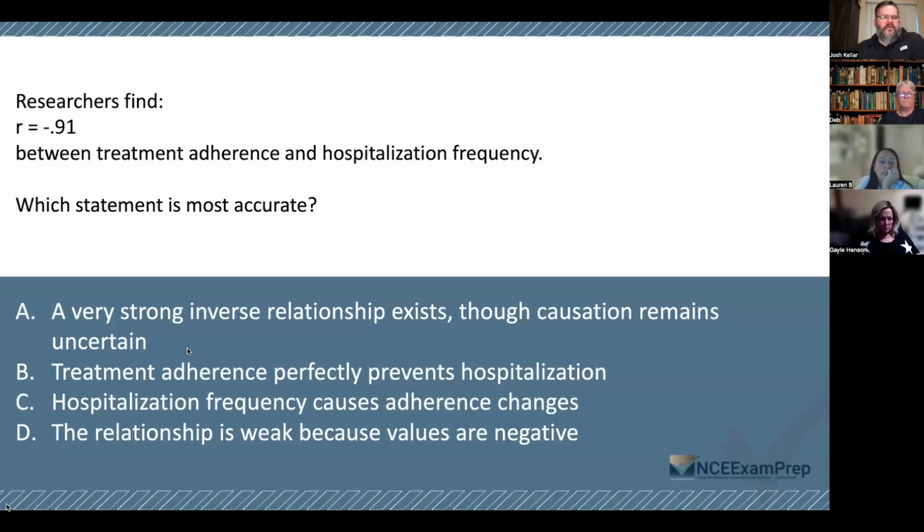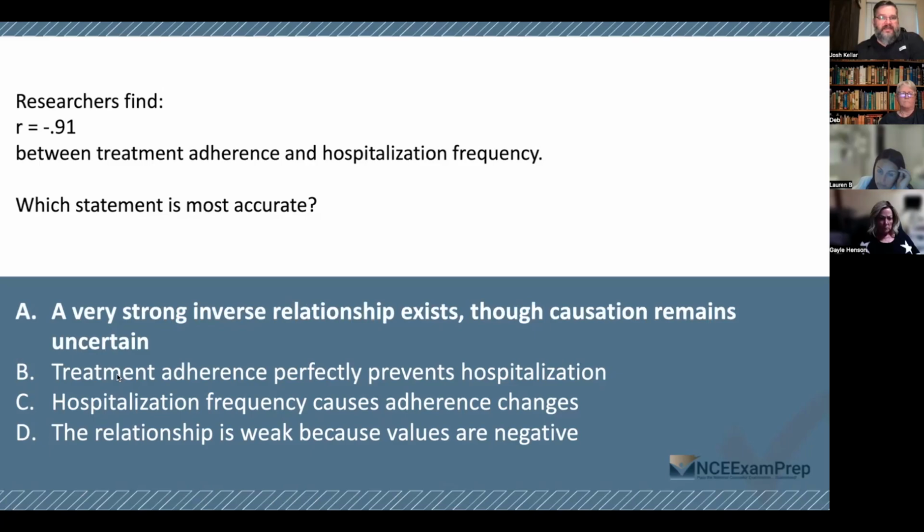So it wouldn't be D because it says weak, right? It's not going to be weak just because it's close to negative 1. It's going to be strong. It would be A, because it says very strong, and inverse is another way of saying negative. Inverse means as one goes up, one goes down.